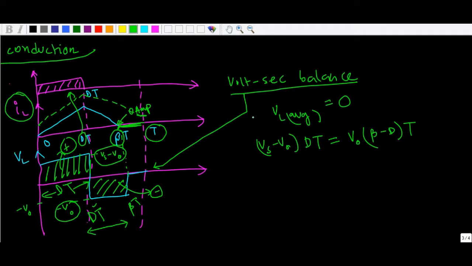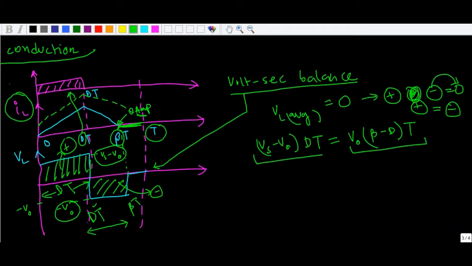So according to this volt-second balance, the average voltage should be 0. So the positive area plus the negative area must be 0. So we can take this negative area to this side, and we can say that the positive area should be equal to the negative area, and we do not take the sign for this negative area because we have already taken this negative to the other side of this equation, so this negative will become positive.